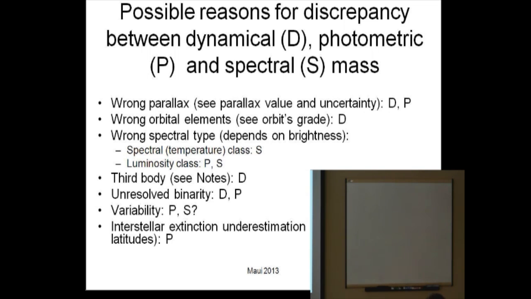Wrong spectral type: if we have an error in temperature class, then spectral mass will be incorrect. If we have an error in luminosity class, then this mass will be incorrect, etc. Third body, unresolved binarity, variability. For some types of variability, the spectrum will vary, and for all types of variability, we will have some errors in photometric mass.